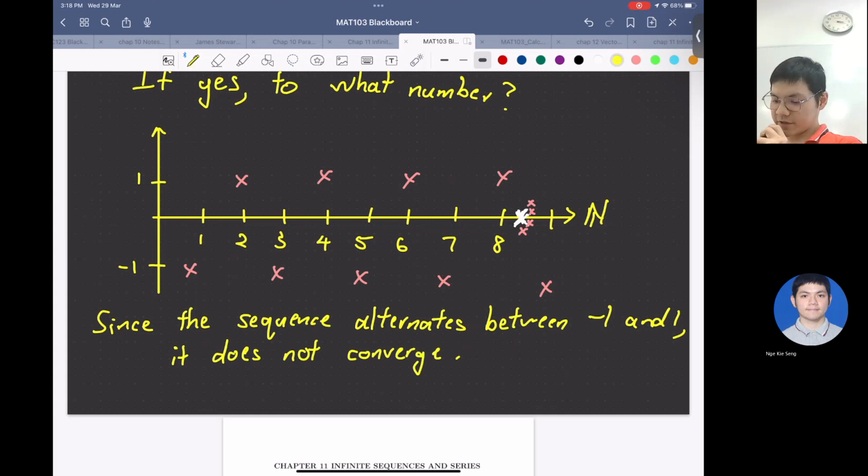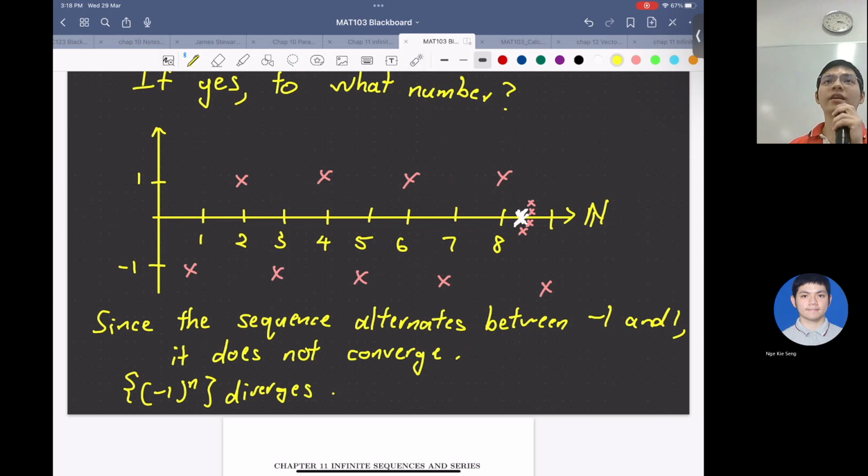So in this case, by definition, if it doesn't converge, it diverges. So this sequence diverges. It doesn't diverge to infinity, but it still diverges. Just that you cannot find a limit.